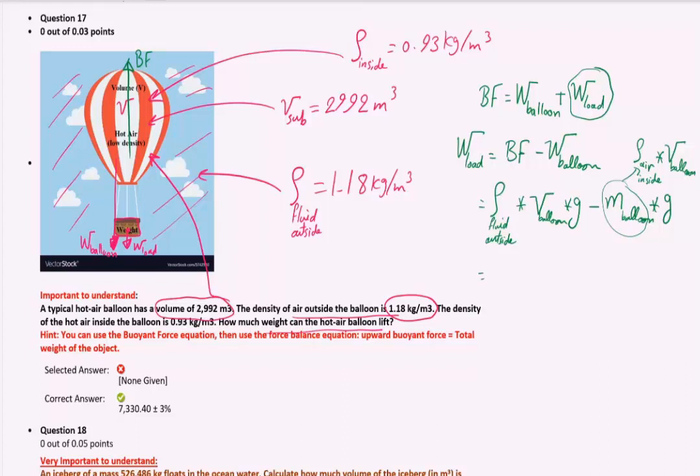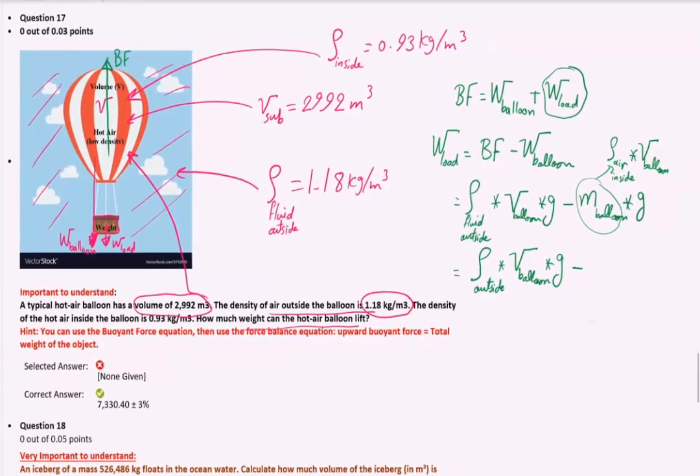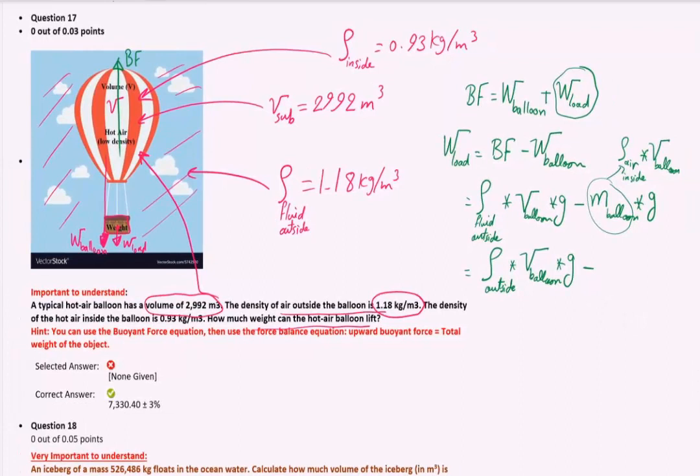So we can rewrite it as the density of the air outside times the volume of the balloon times G, minus the mass of the balloon itself, which is the density of the air inside times the volume of the balloon times G. So we can take V times G as a common factor.